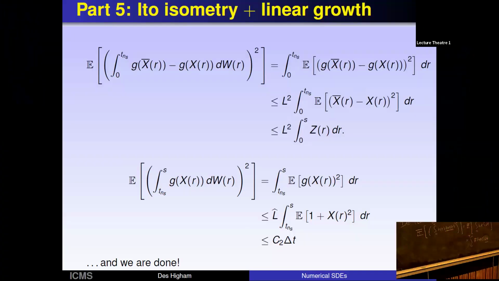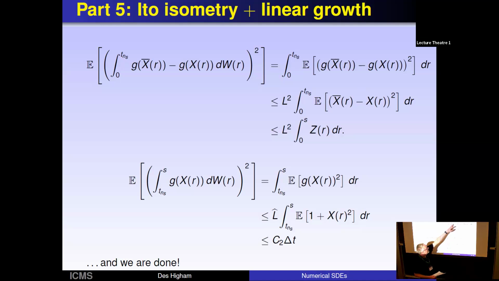So that's what's happening in this first case. And then we use Lipschitz: the difference of the G's becomes Lipschitz times the difference in the arguments. So that's our second version of the constant B that we needed in Gronwall. And for this one, we pull out the size of the integral length and we get a delta t.